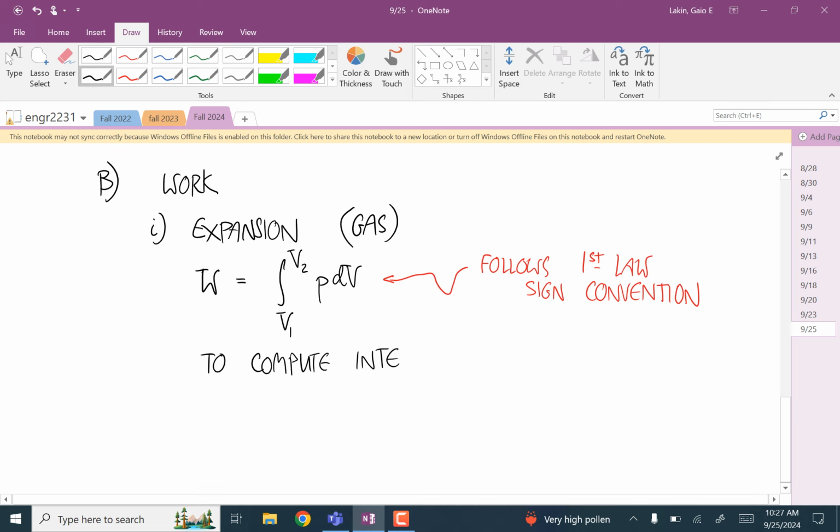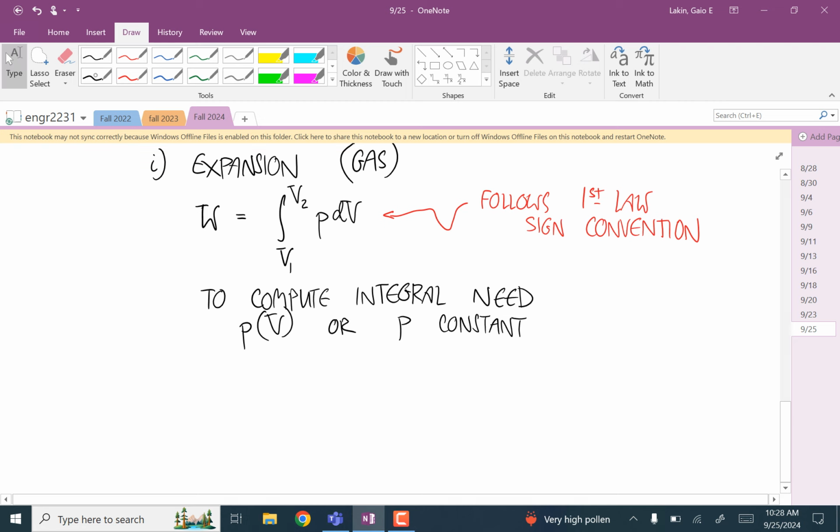So to compute this integral, you need pressure as a function of volume or pressure constant. And one of the cases, so if you're lucky, pressure is constant, then it's super easy to compute.